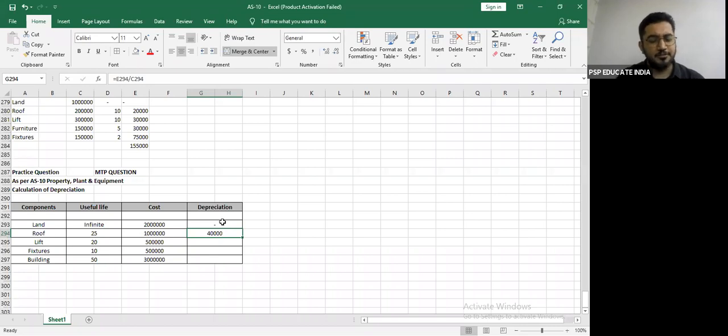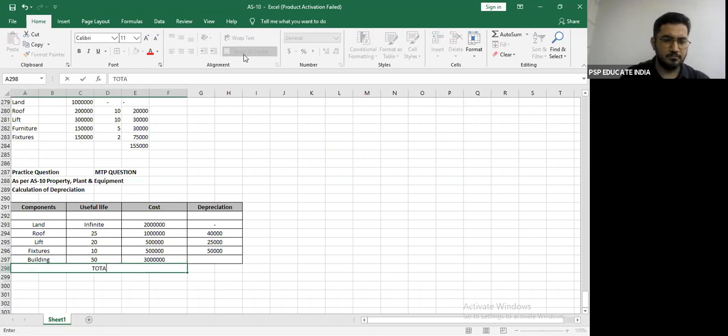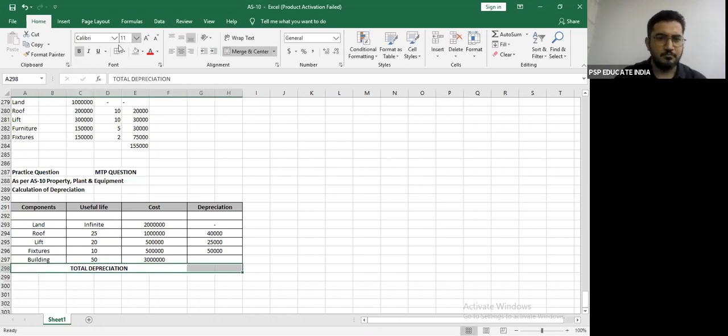Okay, what about lift? How much depreciation will you calculate on lift? 25,000? Okay, great. What about fixtures? What about building? 60,000.